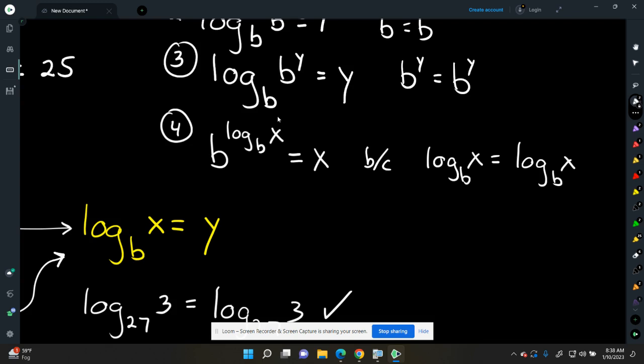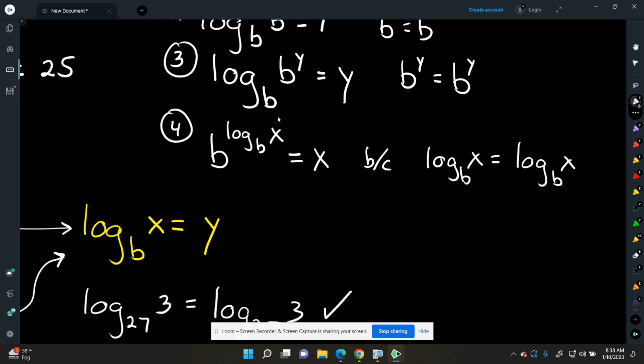Some of you, especially people with brains like Gavin, are going to look at this and know the answer. But I don't want to just see the answer. I want to see the justification.